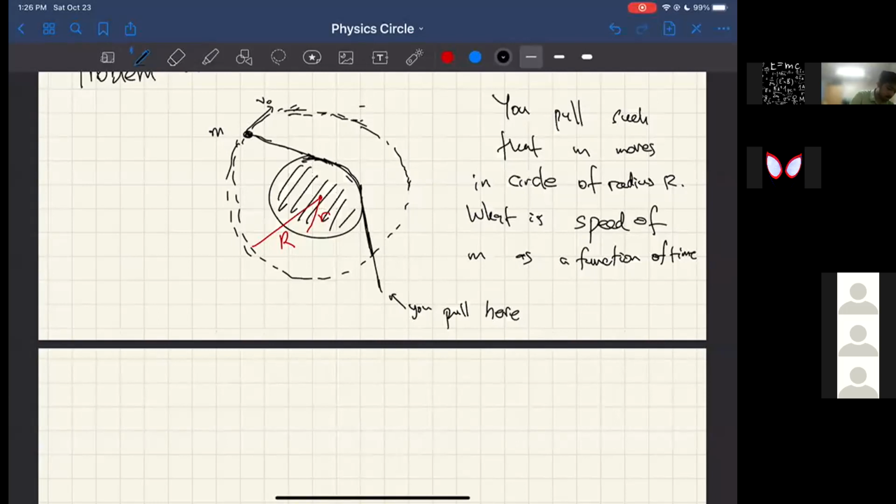So how do we get started on this problem? There's some tension force in the string, right? And tension is the only force on this mass because this is in the horizontal plane, so there's no gravity.